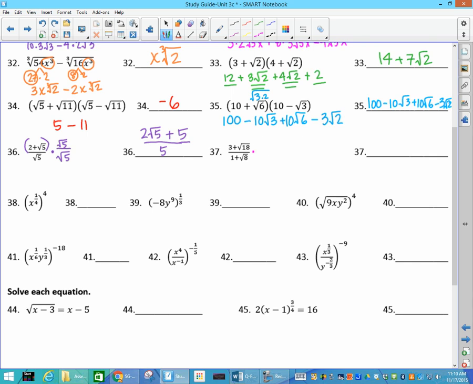All right, so this one, I'm going to multiply by 1 minus the square root of 8 over 1 minus the square root of 8. So on the bottom, I know that y'all are all pretty good at that. That's my square the first term, subtract, and square the last term. So it ends up like that. But what we have on top is 3 times 1, first term, outside terms. That's going to be 3.